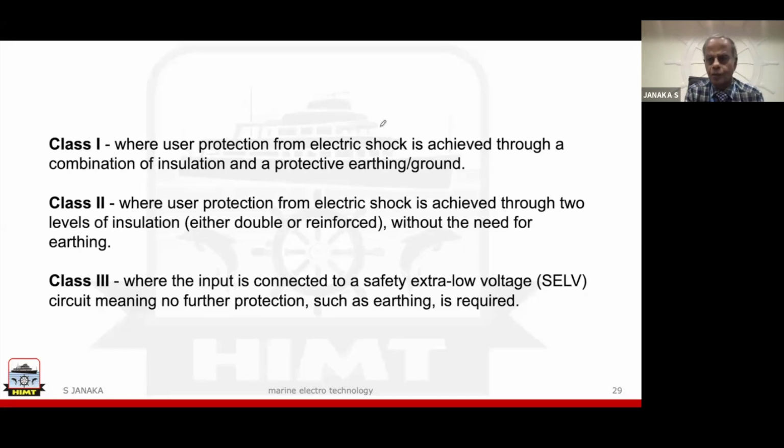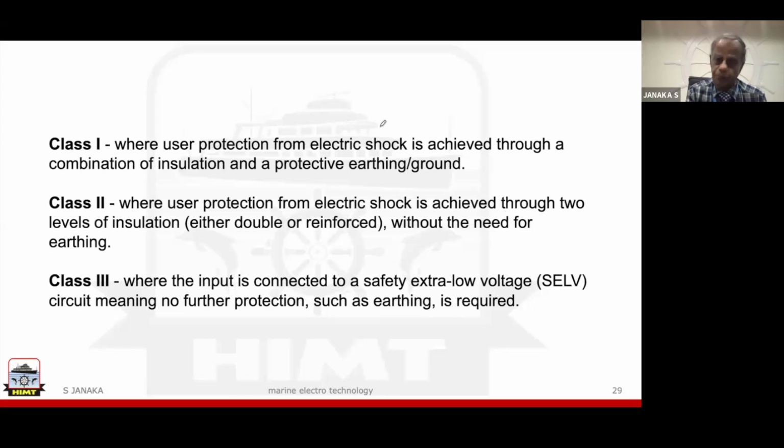Insulation, what we normally define, we'll see in a separate lecture. The insulation is to be tested for 2 times the normal operating voltage plus 1000 volts as per IEC class. When I have such an insulation which has been tested for more than 2 times the normal operating voltage, earthing may be slightly disregarded, but earthing is considered one of the safest methods for protecting against a shock.